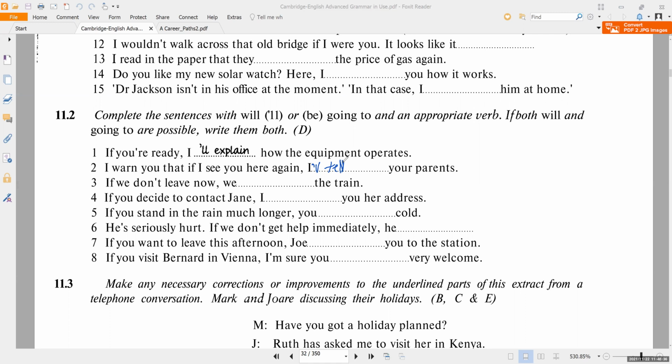If you don't leave now, if we don't leave now, إذا لم نغادر الآن, we will miss the train, نحن يعني حنفقد القطار أو حيفوتنا القطار. فإذا حتقدر تقول will miss أو we are going to miss. الاثنين صحيحة بهذا الشكل.